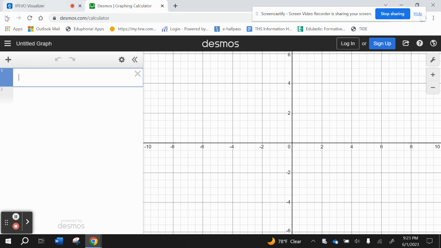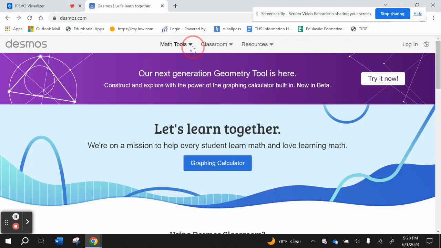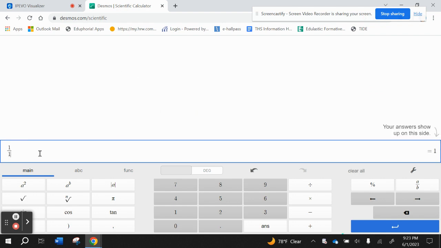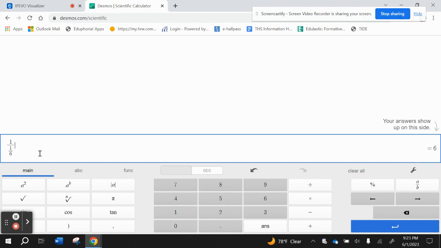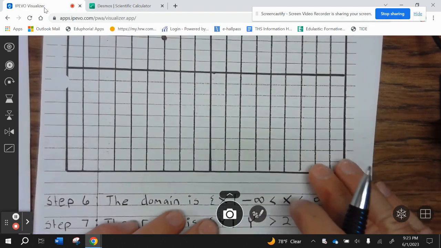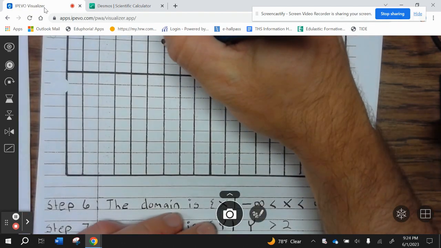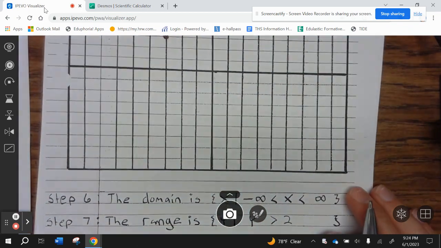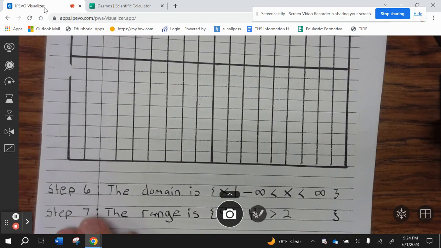So I want scientific calculator. So 1 divided by 6 plus 2 is 8. Yep. So negative 3, 8. So negative 3, 1, 2, 3, 4, 5, 6, 7, 8. Now we know our asymptote's at 2.